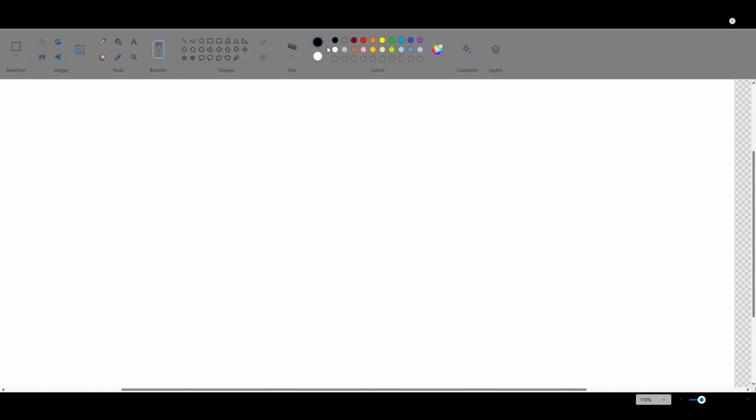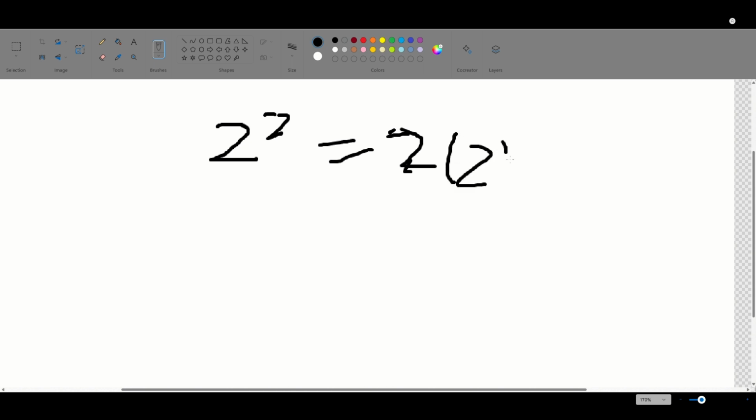Okay, so when we do this, here's some basic facts to know. For normal exponents, let's say 2 squared equals 2 times 2, right?